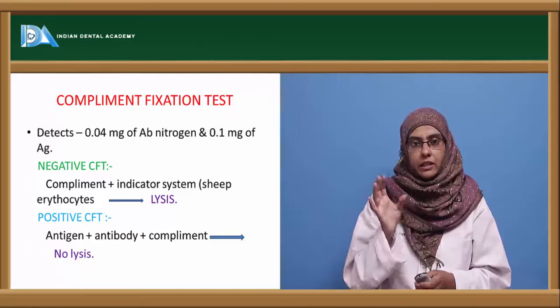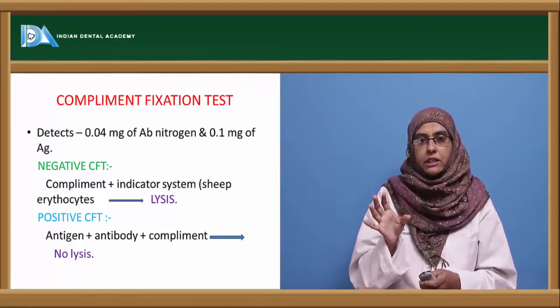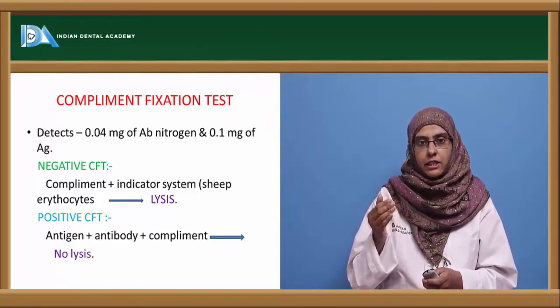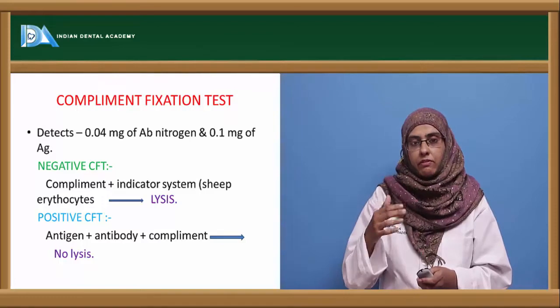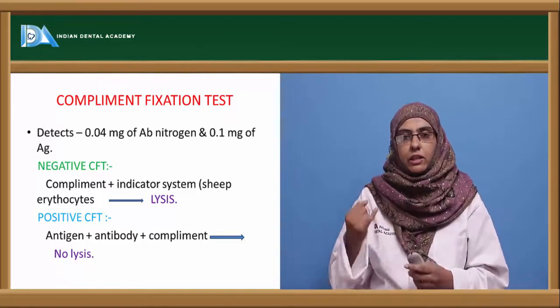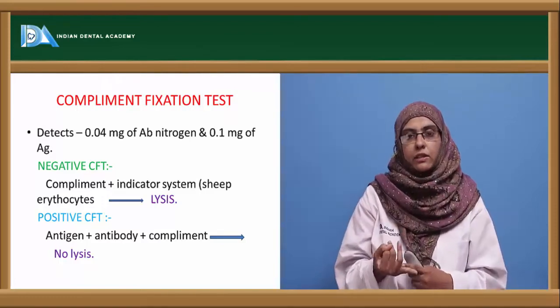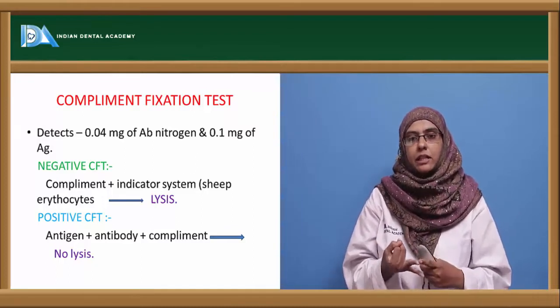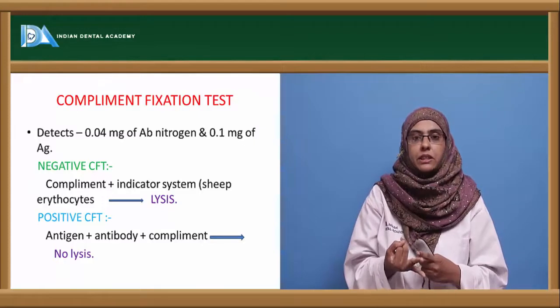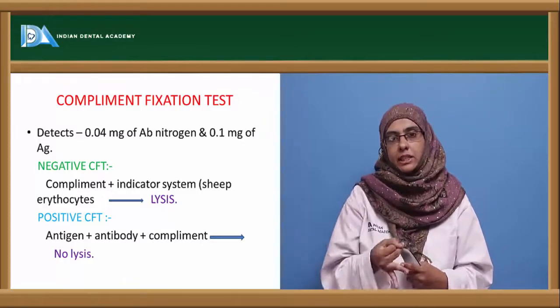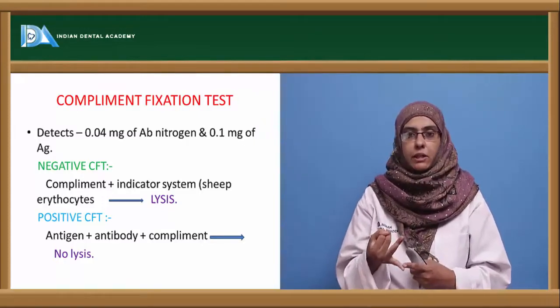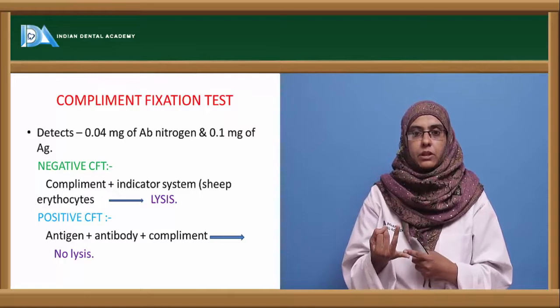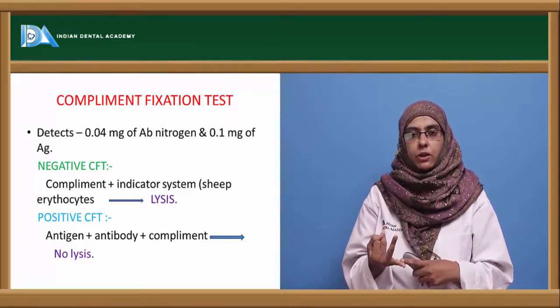In the first test, we require 5 components: an antigen, an antibody, the complement protein, the sheep RBCs, and the antibody against the sheep RBCs. The antigen can be any antigen towards which the antibodies are usually acting.